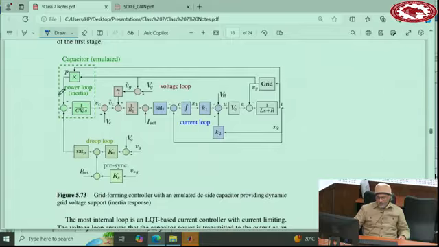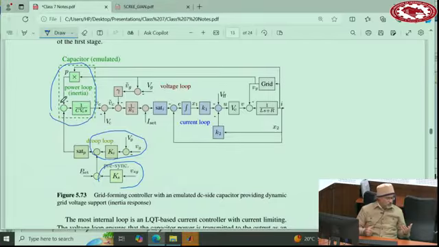So for inertia we use a capacitor, but for the droop we have to use the droop anyway, right? So that's the droop, this is the synchronization term, and this is inertia. So you have two ways of implementing inertia: either differentiate the grid voltage or use a capacitor.